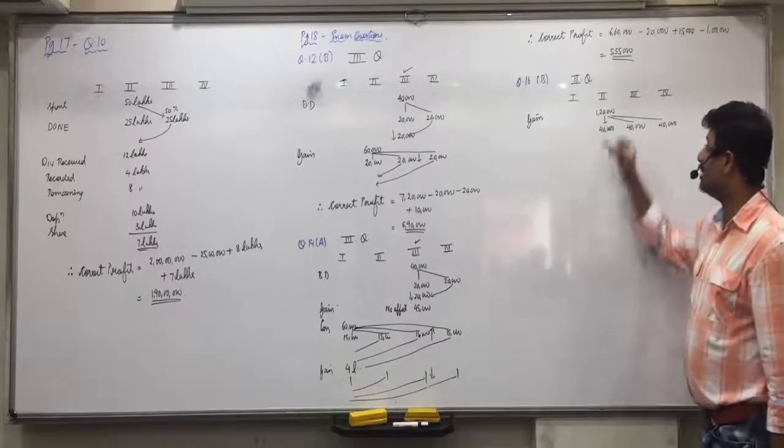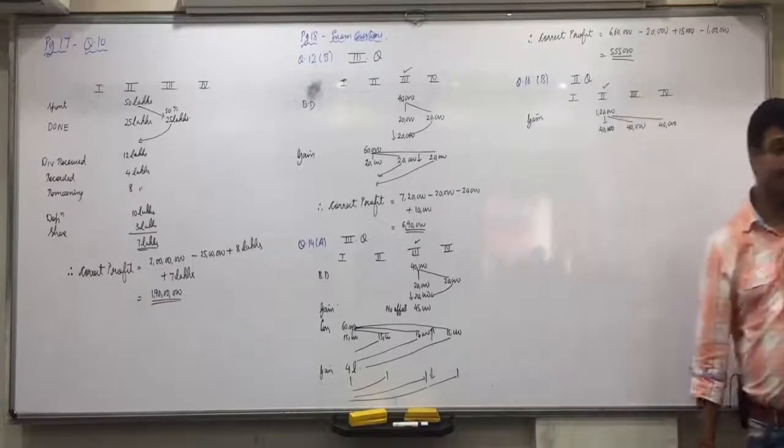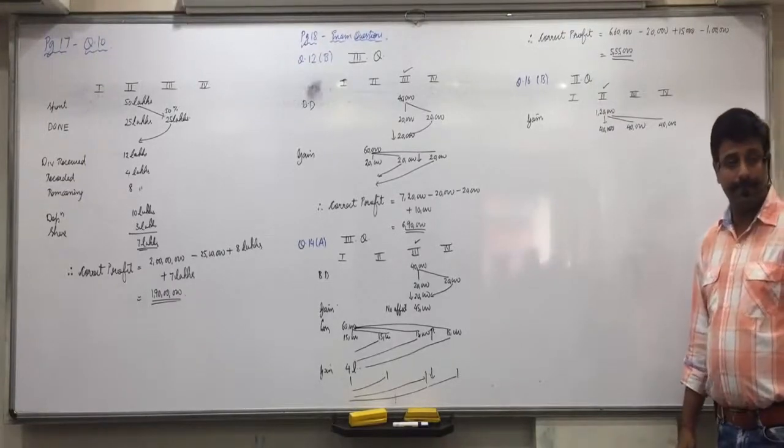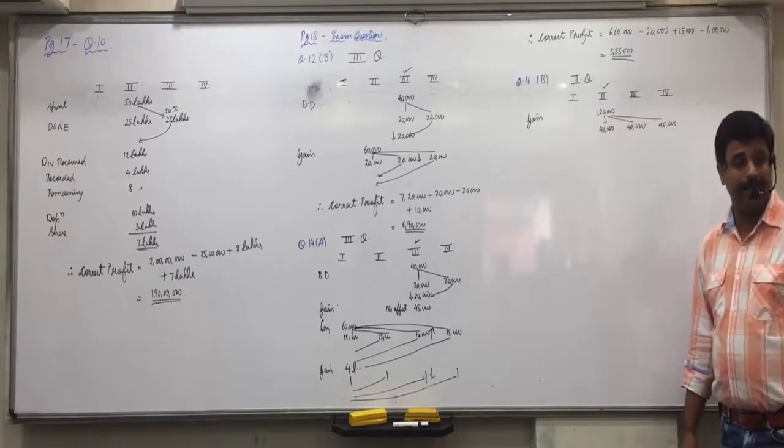Priyam, what will we do from second quarter's point of view now? Minus? What amount? Minus 40. Devan? Minus 80,000. Suraj? Plus 80,000. Why minus?